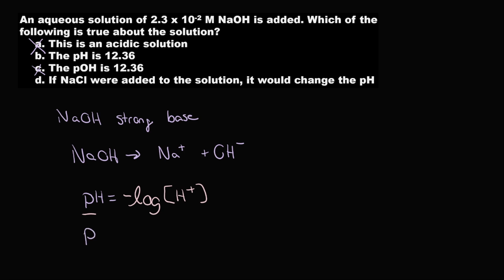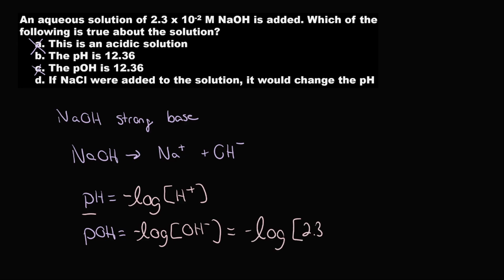And in this case, we can find pOH directly because we have the concentration of OH minus. That is because the full 2.3 times 10 to the minus 2 molar of NaOH dissociated. So the concentration of OH minus is going to be 2.3 times 10 to the minus 2 molar of OH minus.